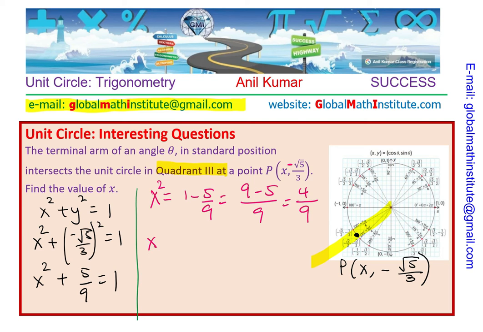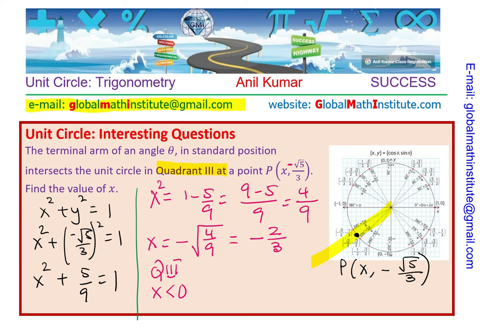So that gives you the value of x as, since you are in quadrant 3, x is negative, right? We know x is less than 0. So we'll take the negative value of square root of 4 over 9, which is negative 2 over 3. You get the idea.